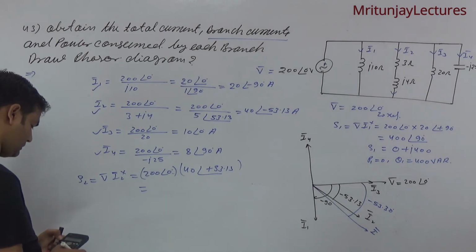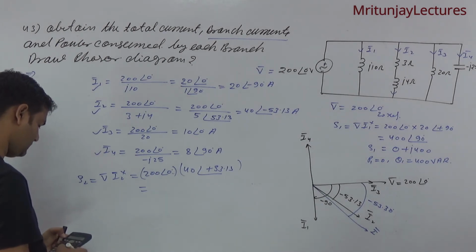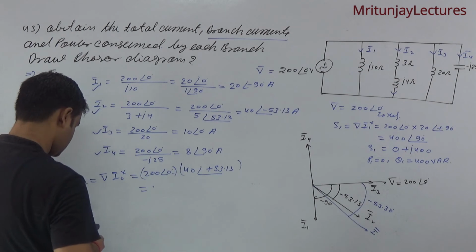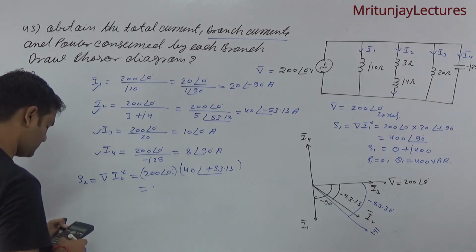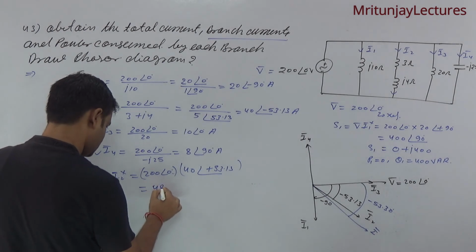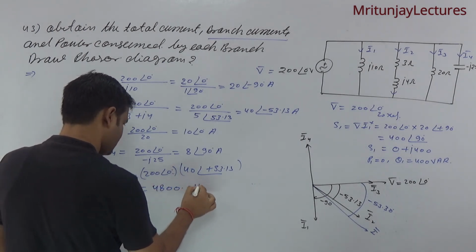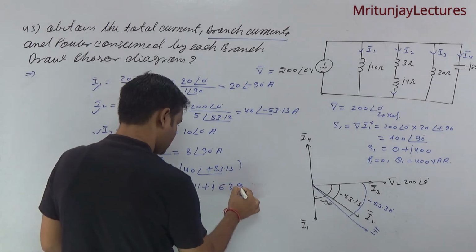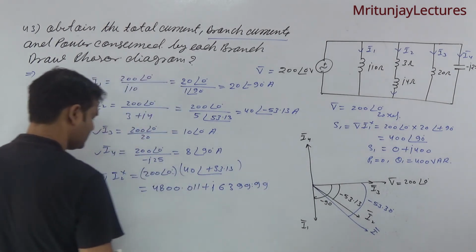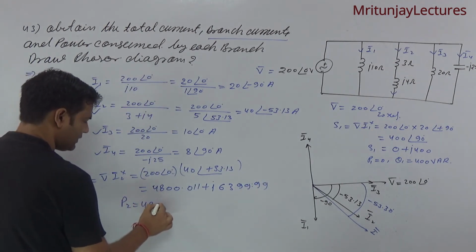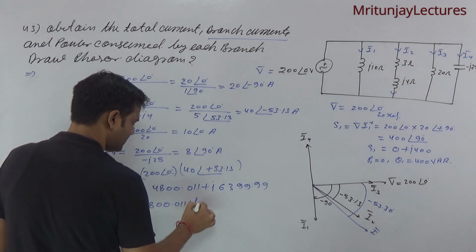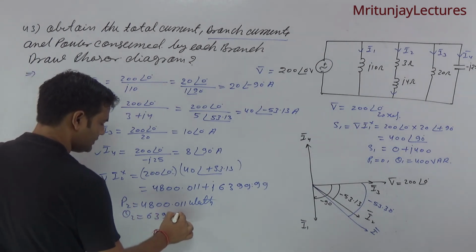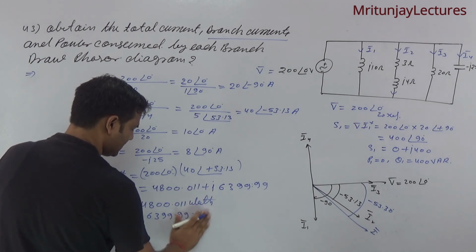Fine. Finally we got 8000 at the angle like this one. If this is converted into rectangular form, then we got 4800 plus j6399.99. Okay, so P2 is 4800 watt and Q2 is 6399.99 VAR.